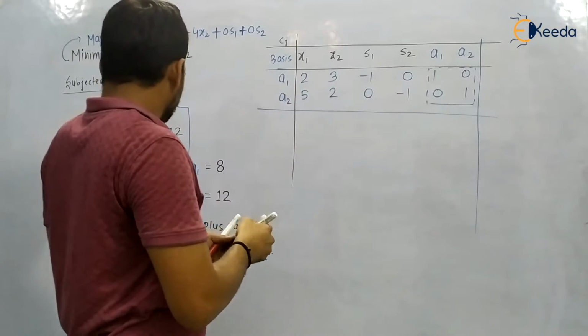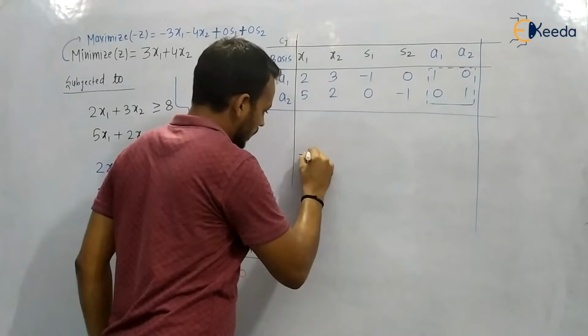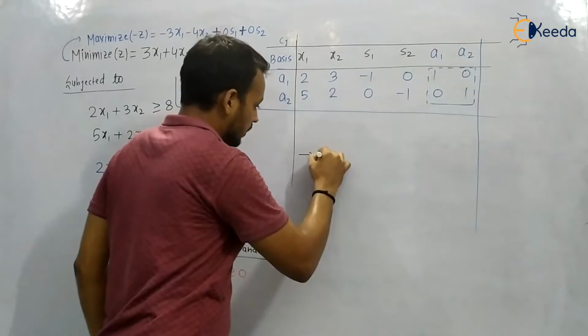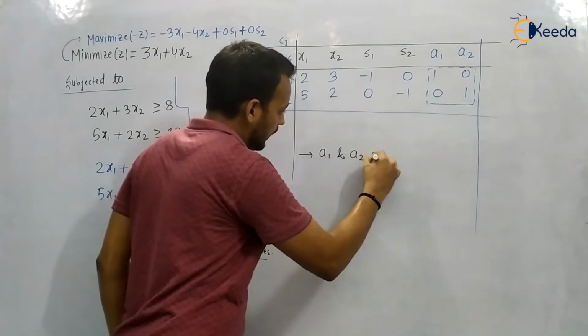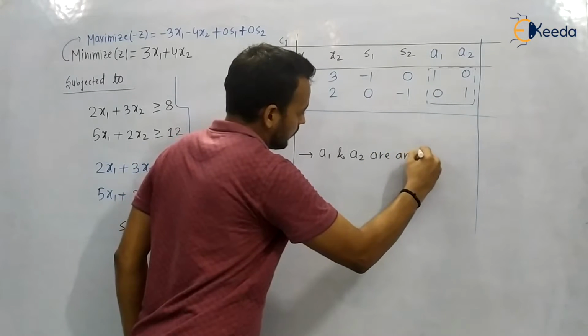Now I am writing the steps. Just write it. a1 and a2 are known as artificial variables.